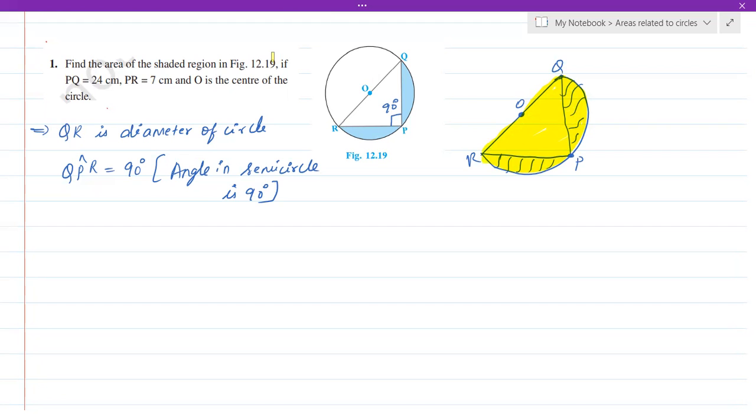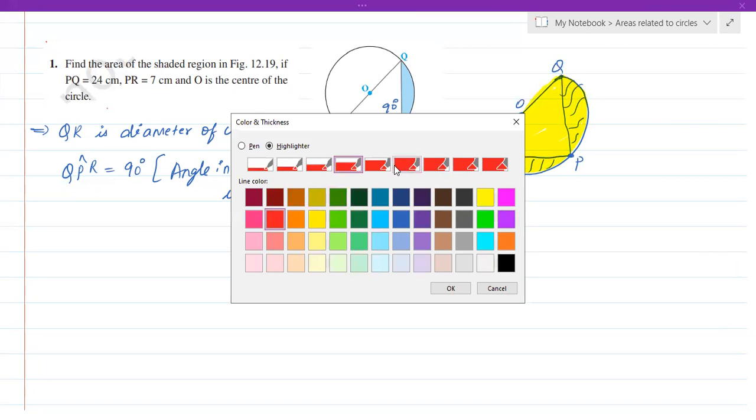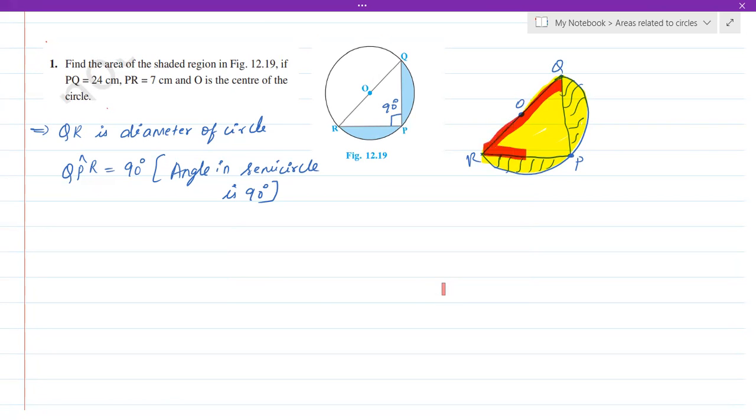In this entire thing, what is not required? Let me color it in red. If you observe, this triangle is not required, isn't it? We don't require this triangle. So if you subtract this from the entire semicircle, we get it, isn't it?